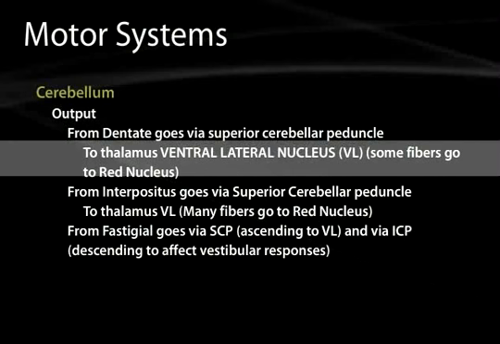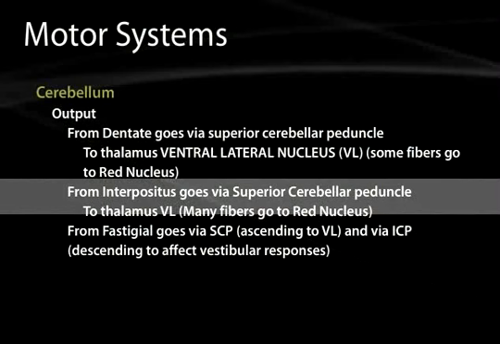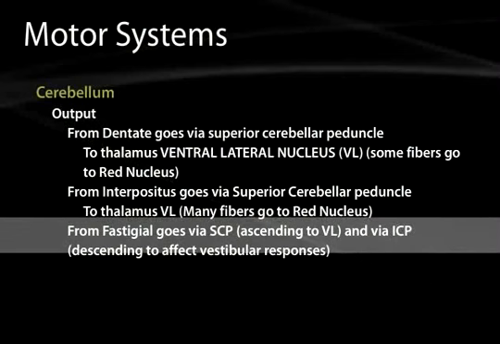Some of those fibers on their way will stop in the red nucleus. The interpositus output goes to the superior cerebellar peduncle and also to the thalamus VL, but many more of those fibers will stop in the red nucleus and make a synapse. From the fastigial nucleus, that information goes through the superior cerebellar peduncle, ascending to the ventrolateral nucleus, but it will also send an output through the inferior cerebellar peduncle.